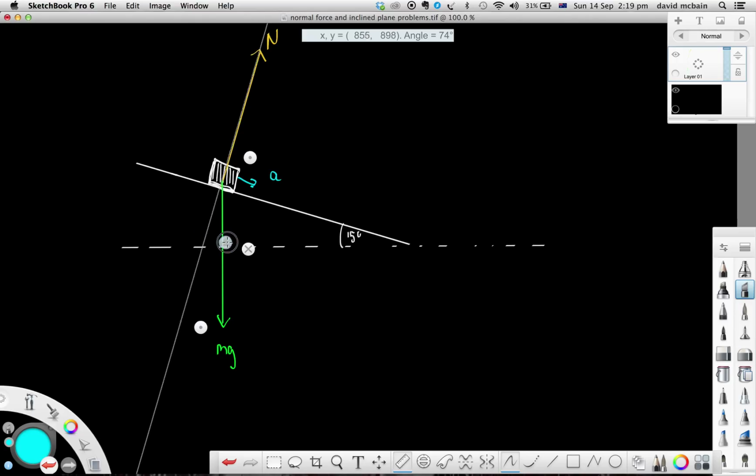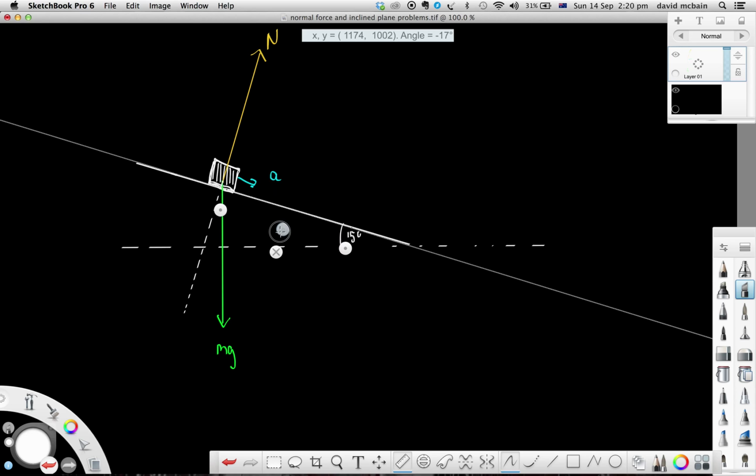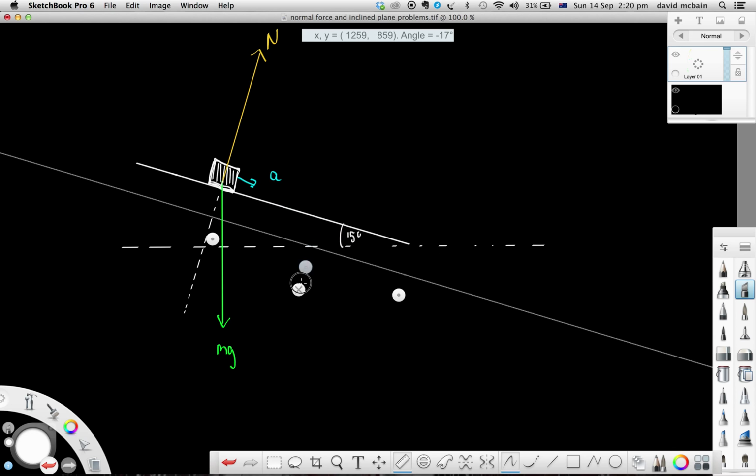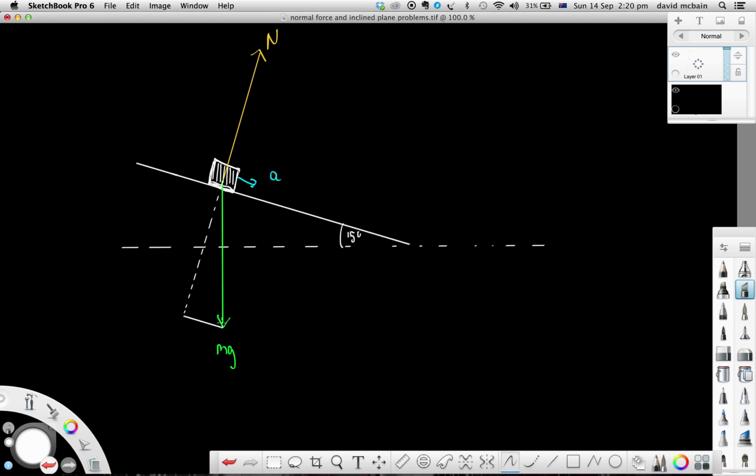So we look at the component that is at right angles to the ramp, which is that component there. We also need to work out the component which is parallel to the ramp, which is that component there. Okay.